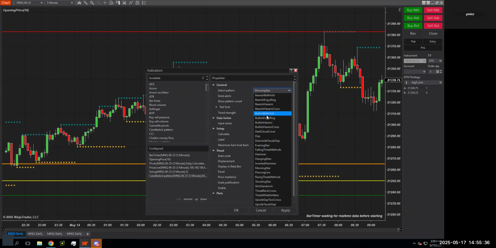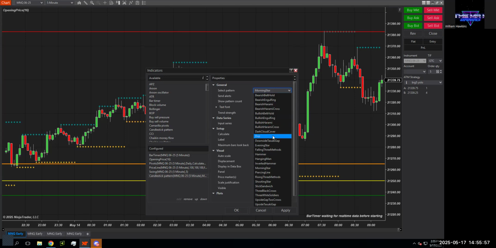Depending on what you're looking for, sometimes they have different names for the same thing. What do you mean? Like, I was looking up a particular candlestick, but I didn't see it. Maybe it's under another name.